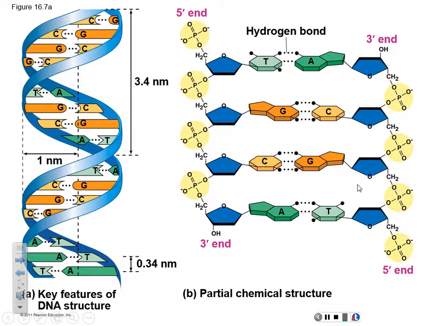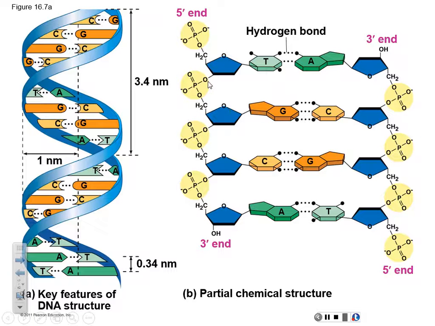This strand is parallel to that strand, right? But they're anti-parallel because this strand, to a molecular biologist, starts here and ends here. There's a 5' end and a 3' end. And on the other strand, it's the opposite orientation. It's anti-parallel. It begins here and it ends there.